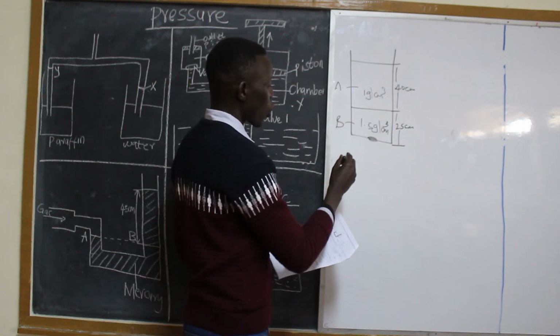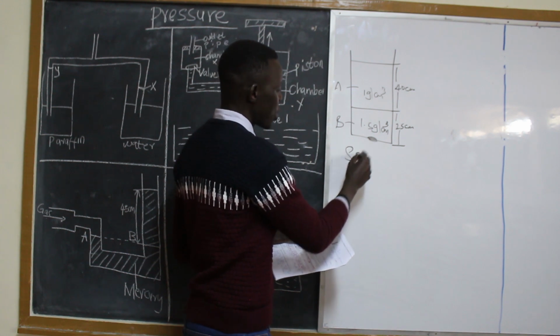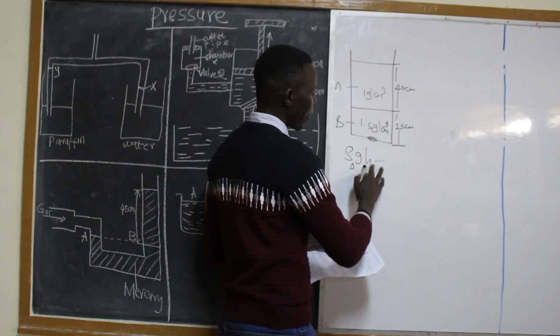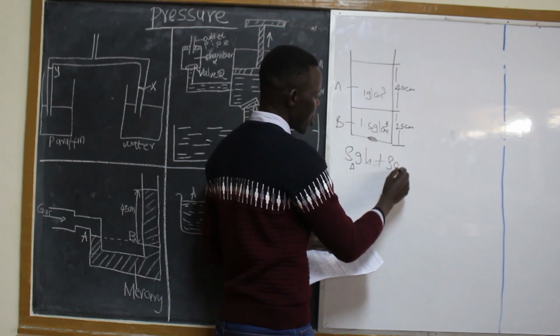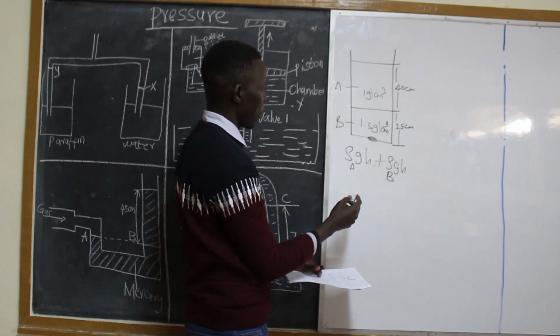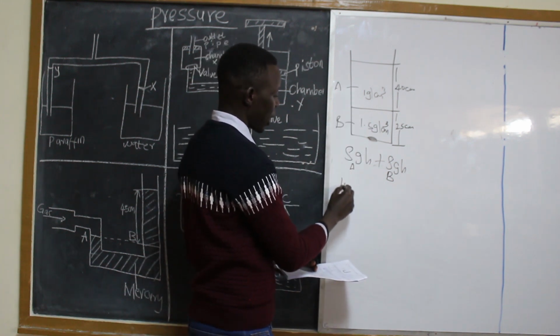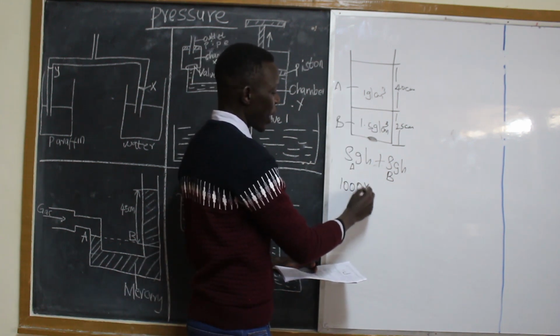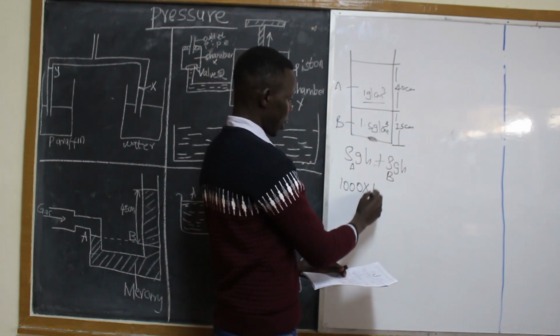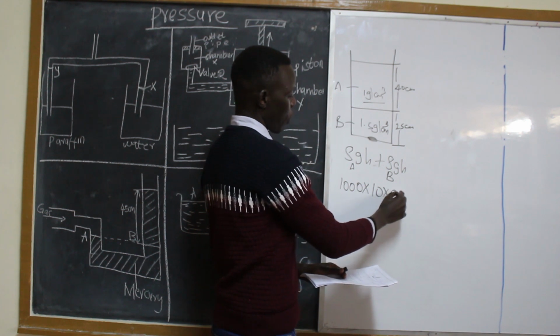So it's going to be rho g h of A plus rho g h of B. Let's start with A, no problem. Rho is 1000. I know you're wondering why. Haven't I converted it to SI units? Times 10 times 0.4.